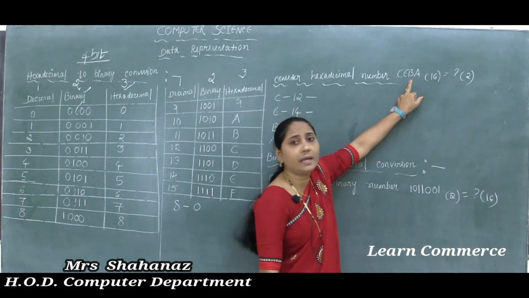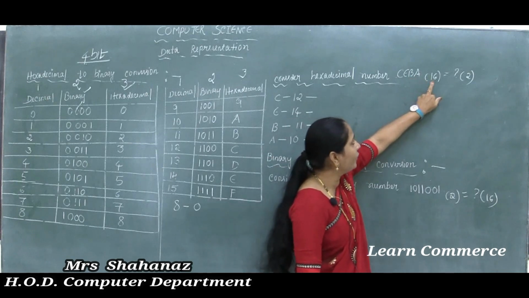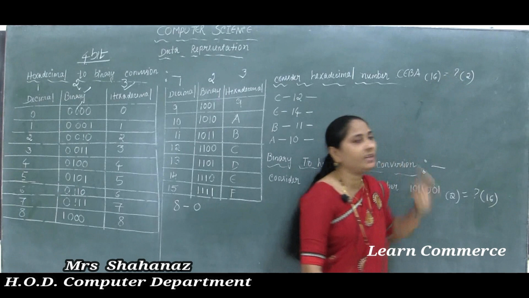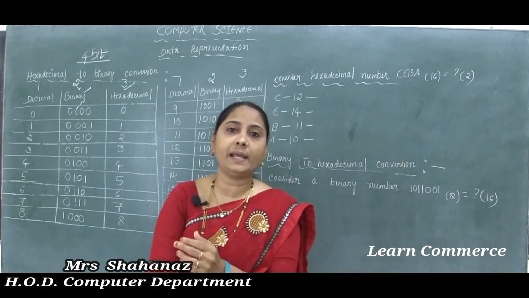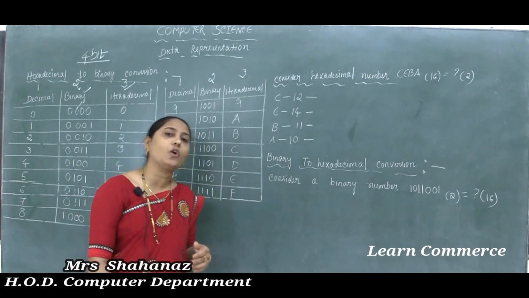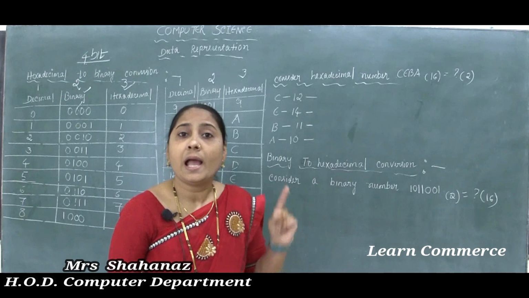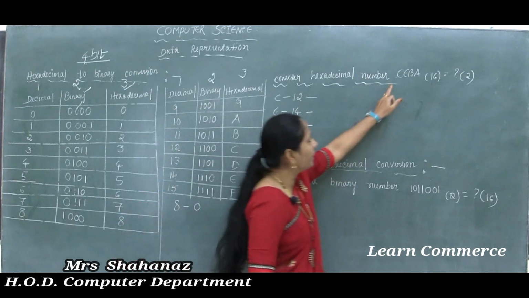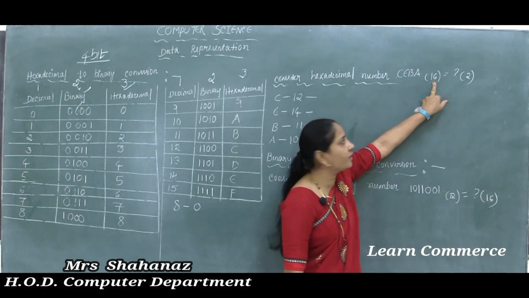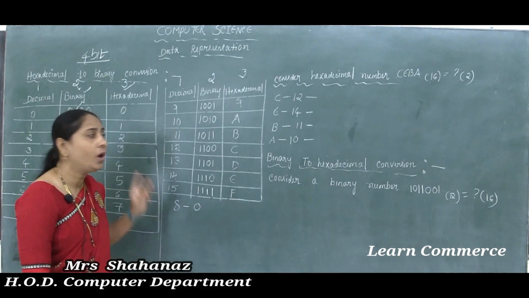The number is CEBA, and we know that it is in hexadecimal. Now we just need to convert it to binary, as we know that the base value of binary is 2 and 16 is the base value of hexadecimal. So we need to convert from hexadecimal to binary.